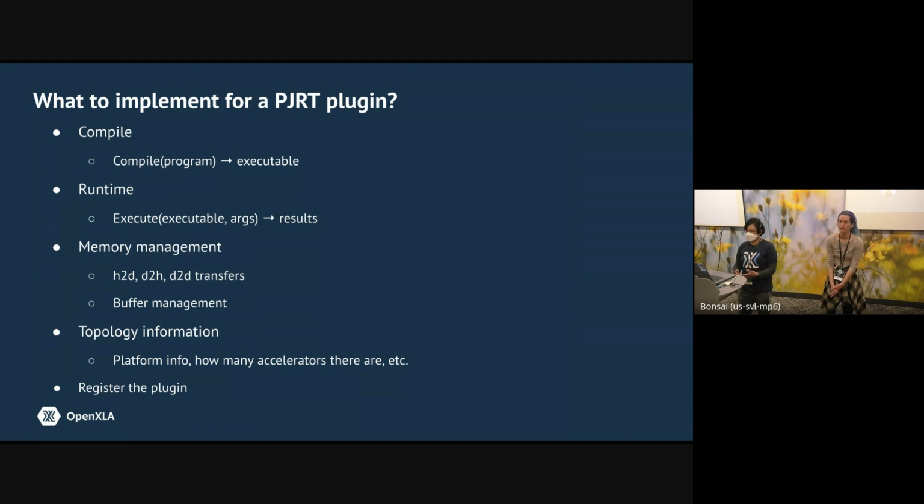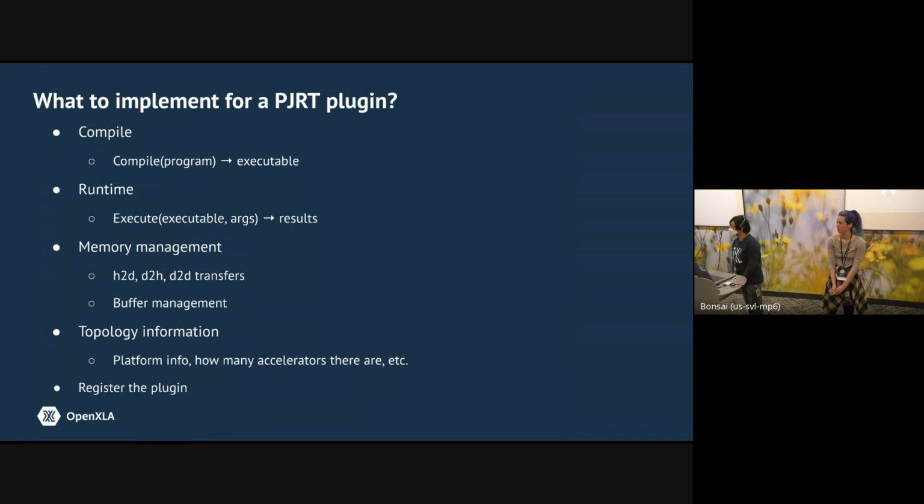The next category is topology information, such as the platform info, how many accelerators there are, etc. And lastly is the piece to actually register this plugin so that JAX can discover it. So these are the high-level overviews. Any questions?